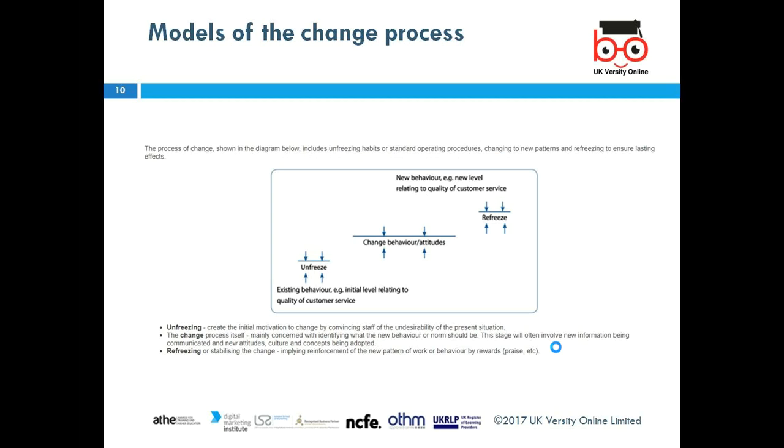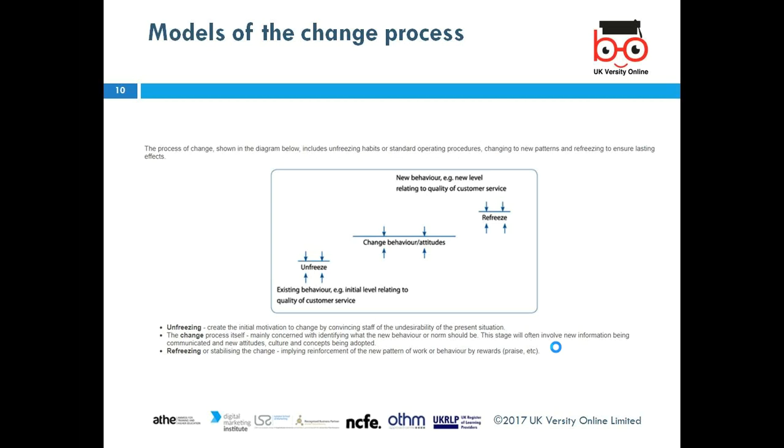The process of change in the diagram here. We'll go through Lewin's model. He gave us a model which is all about change. When we have a change, sometimes something can be changed quickly, and sometimes we have anti forces that restrict the change. So we need to go through how we can manage the change process effectively.